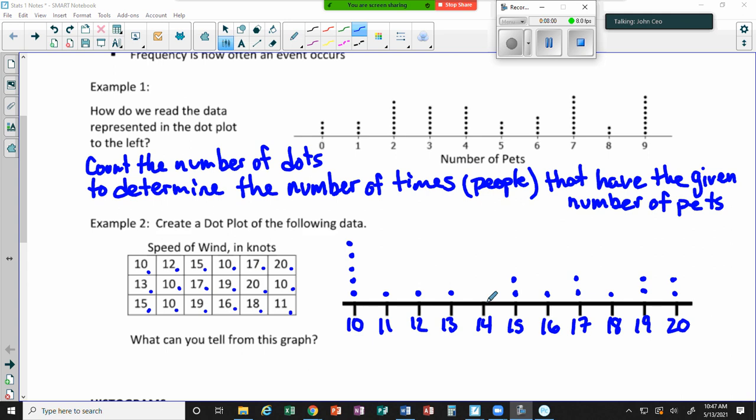Now the other thing you should probably put down here is label it. What are these? These are the what? Wind speed in knots. Make sure you label things. So, wind speed in knots.